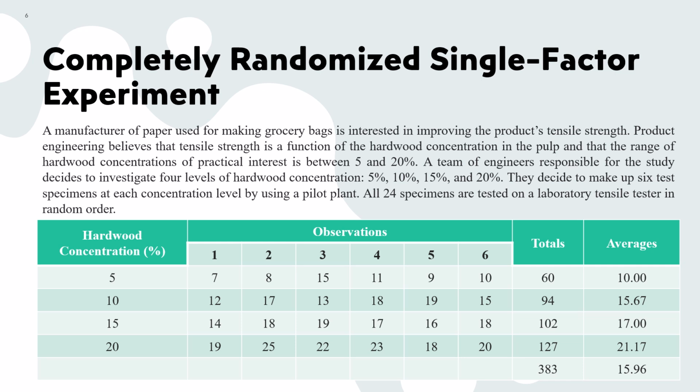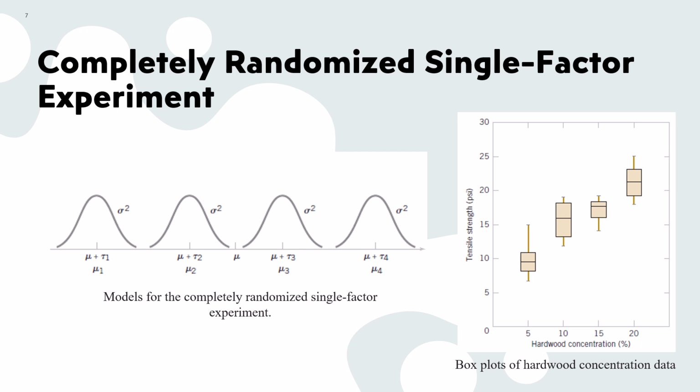The question we need to answer is whether any of these hardwood concentration percentages will lead to a significantly different tensile strength. We are testing 4 different concentrations: 5%, 10%, 15%, and 20%, and for each level, with 6 specimens, giving us 24 total data points.